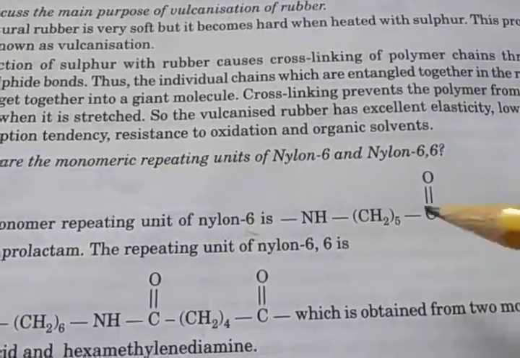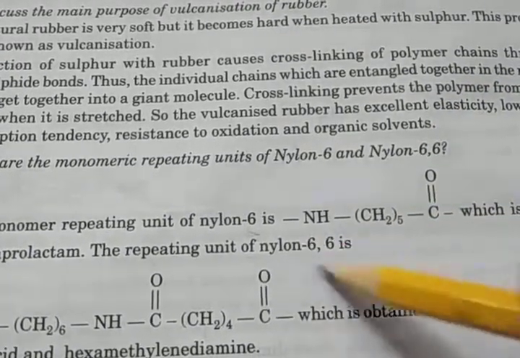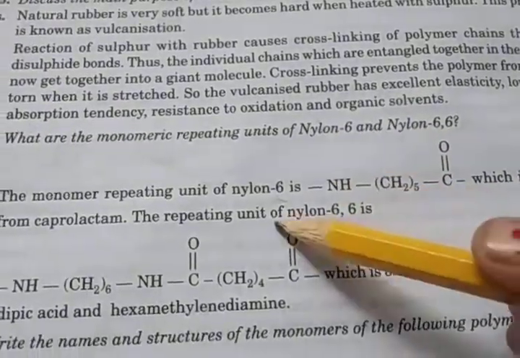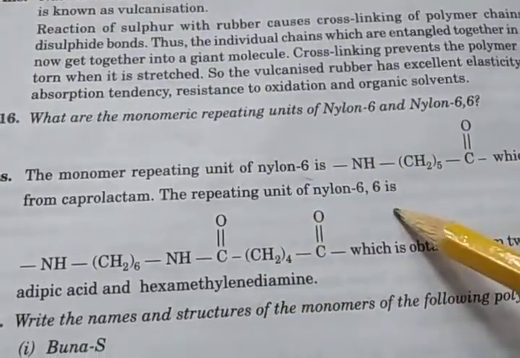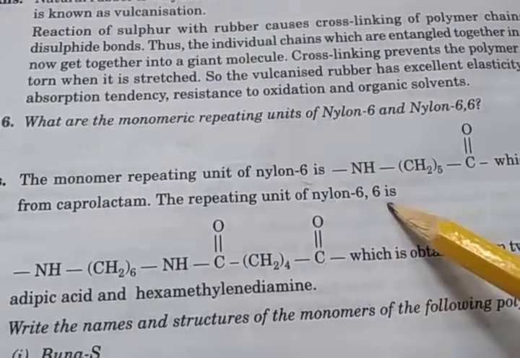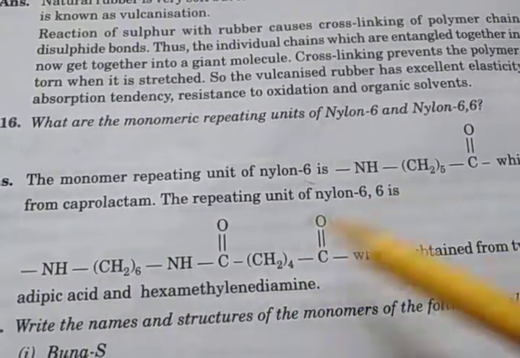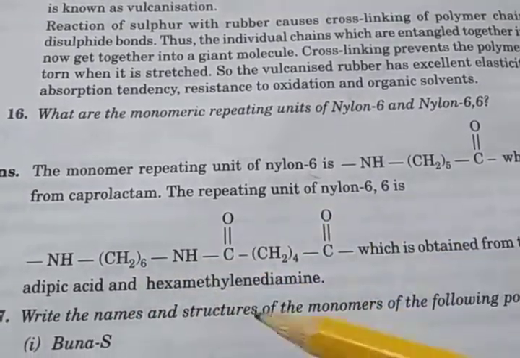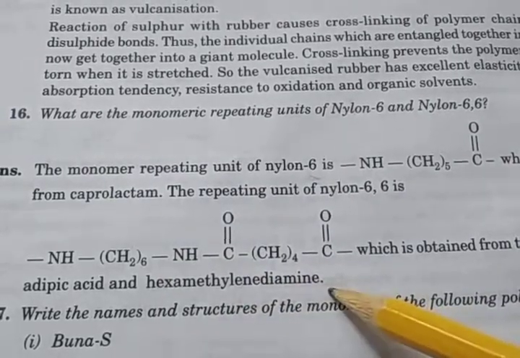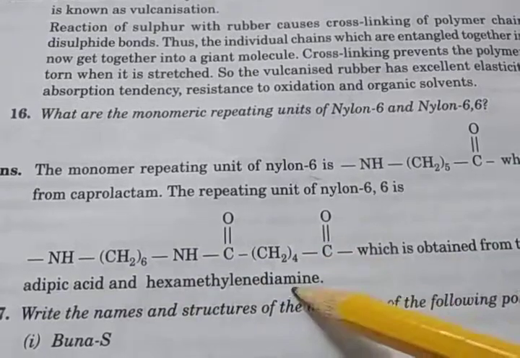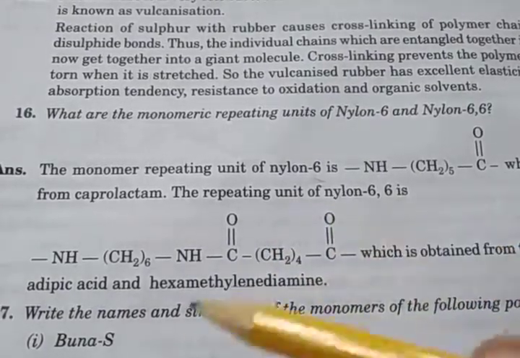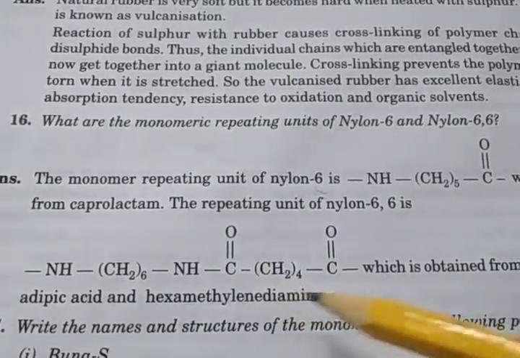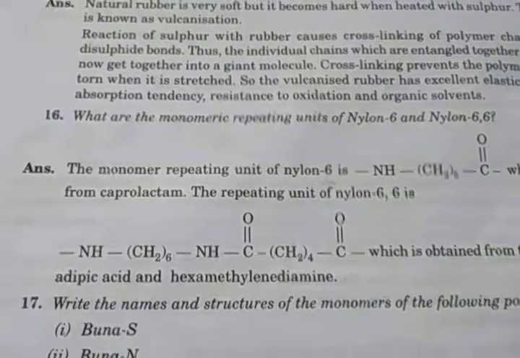Nylon 66 means 2 reactants, both having 6 carbons: adipic acid, HOOC(CH2)4COOH, and hexamethylene diamine, NH2(CH2)6NH2. Both combine to form nylon 66.